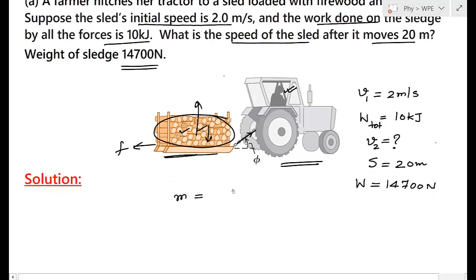Mass of sledge is nothing but W divided by g, and W is 14700 Newton, and we can take the g value as 9.8 meter per second square. If you calculate this, it will turn out to be 1500 kg. So 1500 kg is the mass of this sledge.